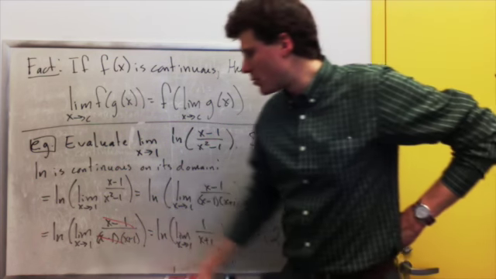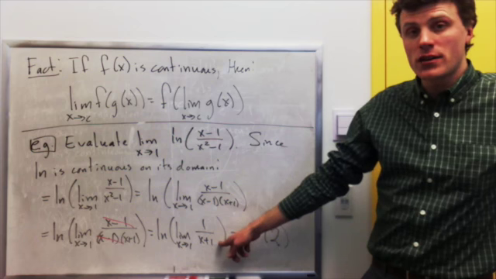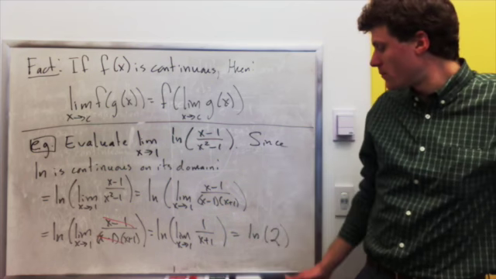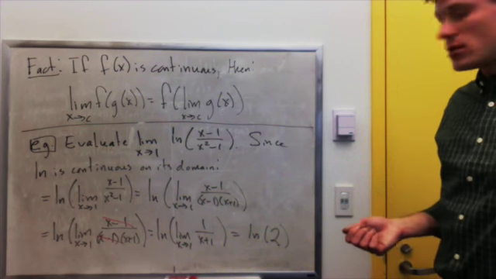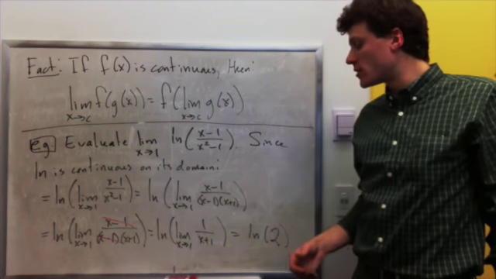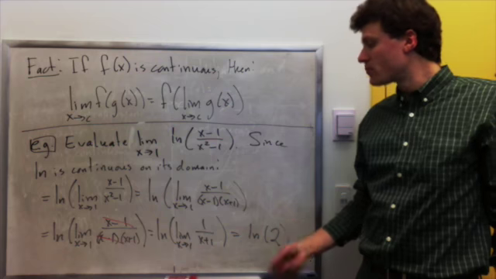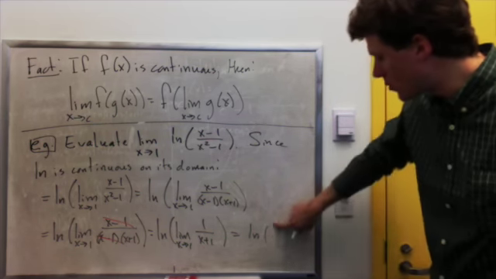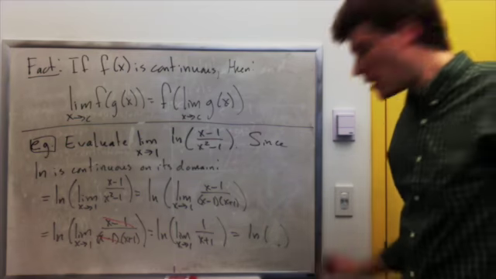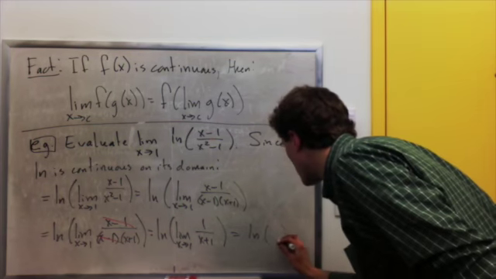I cancel those two out, and I'm just left with, on the inside, the limit as x approaches 1 of 1 over x plus 1. Now, the fact that a rational function is continuous wherever it's defined means that I can just plug 1 into this expression. And I get, contrary to what I have written here, the natural log of 1/2.